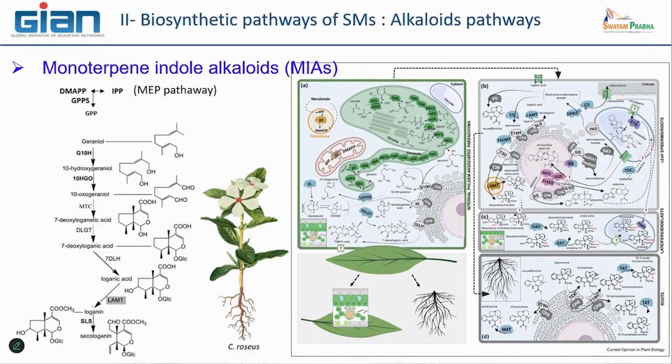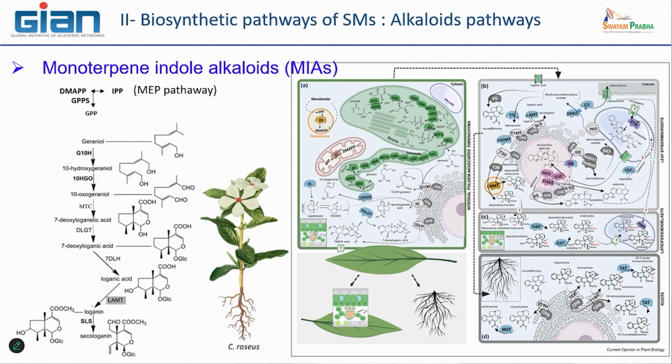It means that when they are produced, they are afterwards transferred to another type of cell, in particular to the leaf epidermis, the cells that are just under the cuticle. In the leaf, this loganic acid is taken in charge by a new branch of the pathway, leading to the production, in particular, of tabersonine or vindoline. What is interesting is that this precursor can also be sent to the roots, but in roots you do not have the same enzyme.